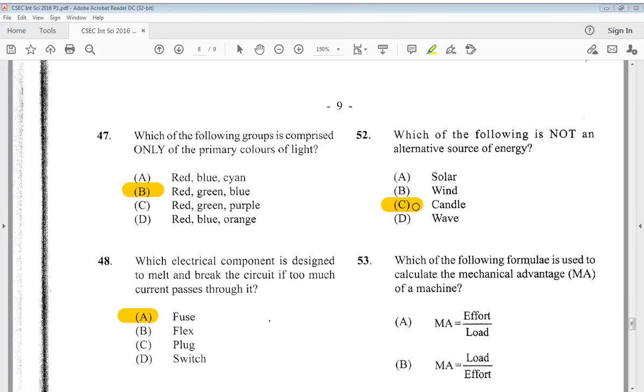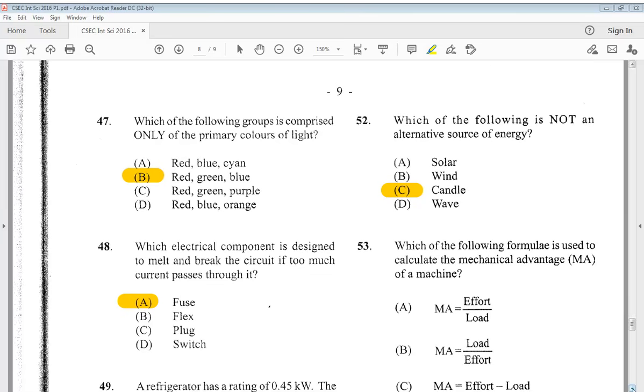So A, B, and D would have been our sources of energy. Right. A, B, and D. Yes. Good. So C would have been not right.